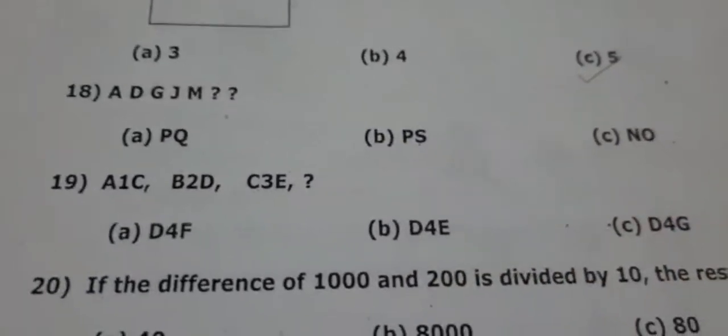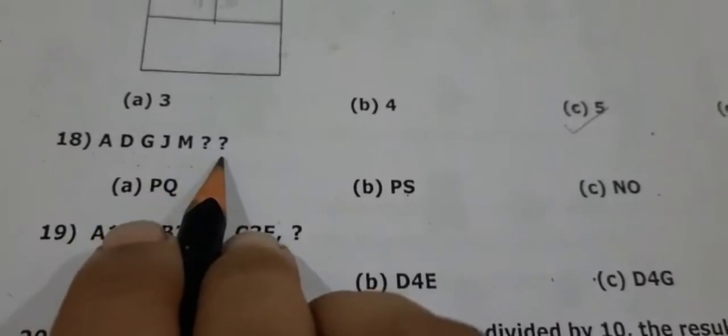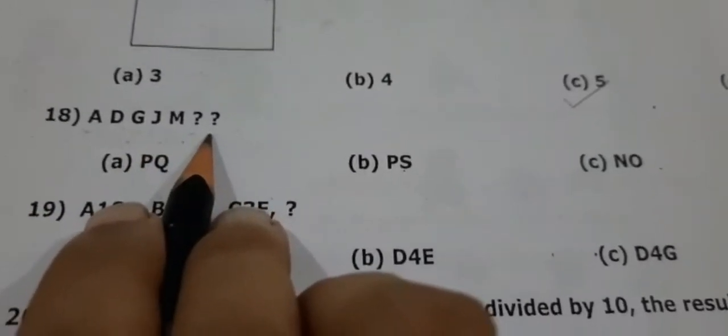Question number 18. It says A, D, G, J, M, and we have to fill 2 more letters to complete this series. Children, we have a lot of questions on series. A and D. What is the gap between A and D?